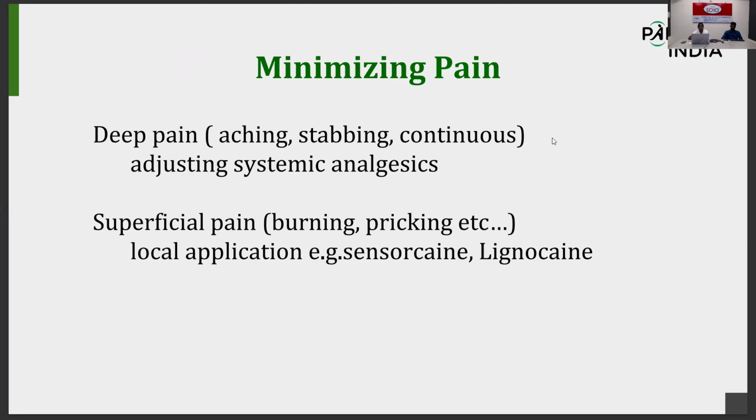How we manage it is that we adjust the systemic analgesics. By adjusting systemic analgesics, we manage the patient's deep pain. And some patients may experience burning and pricking type of pain. These are superficial pains. For these types of pain, we apply local applications like lignocaine.